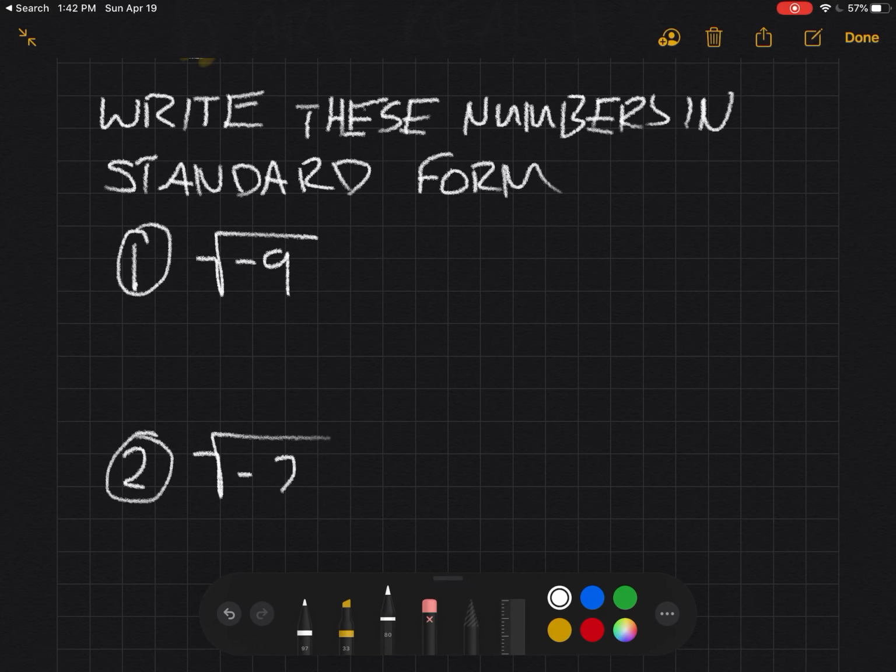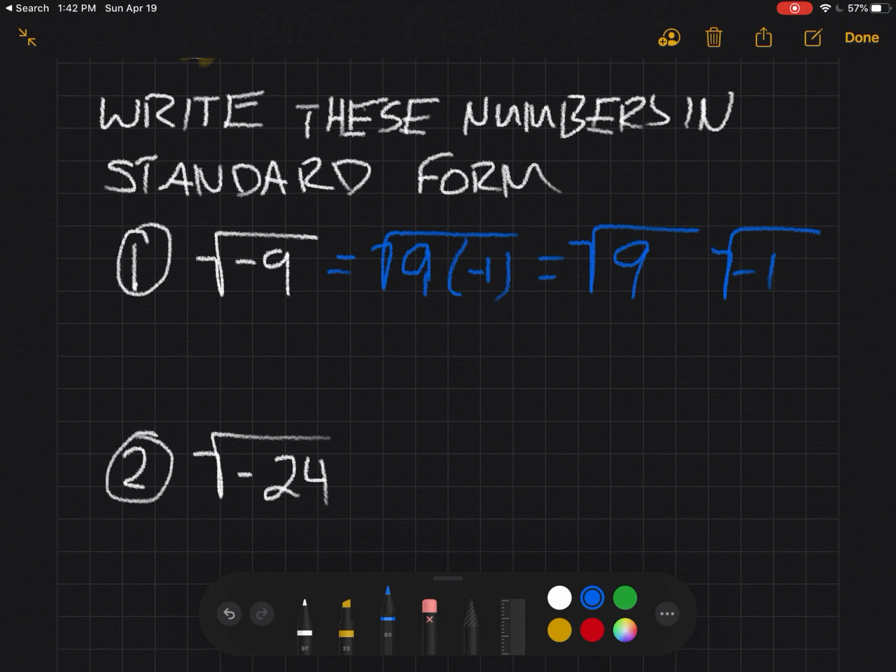Because you're used to already saying that we don't put a negative sign underneath a radical, and that's what it means to write it in standard form, is that we get that negative sign out. So let's try it. Let's write these numbers in standard form. So I would like you to give this a shot before you watch me do it. So pause the video and see if you can write these numbers using i. That's what we call it in standard form.